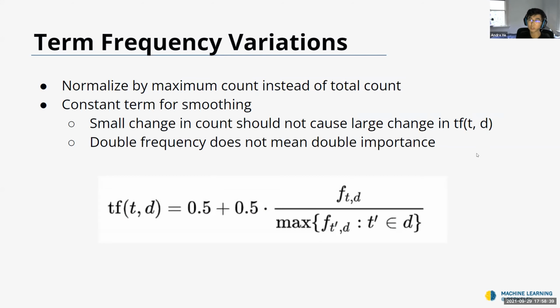The reason you would do this is because sometimes you don't want a small change in the frequency of a word to affect its TF-IDF score too much. Sometimes doubling the frequency shouldn't mean that the term is twice as important in your passage. It might be 1.5 times more important, and that's why you add in this constant term and a coefficient to diminish the direct effect of changing the frequency.